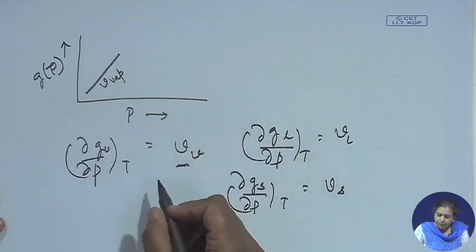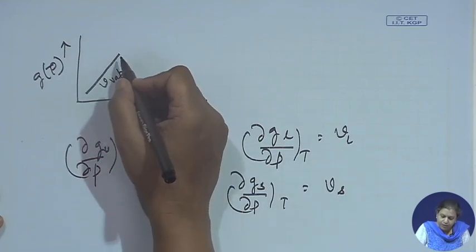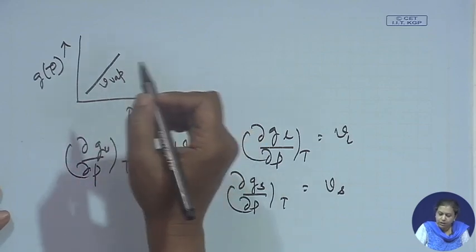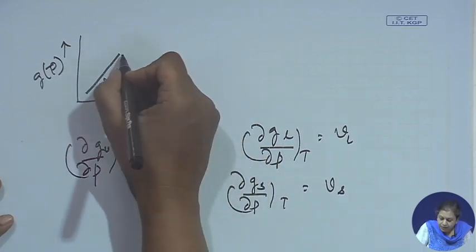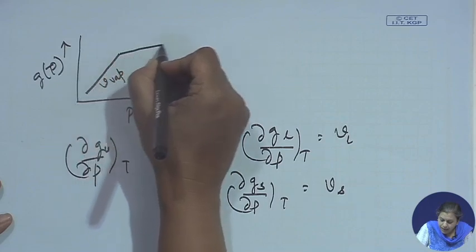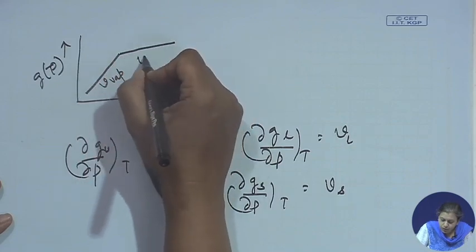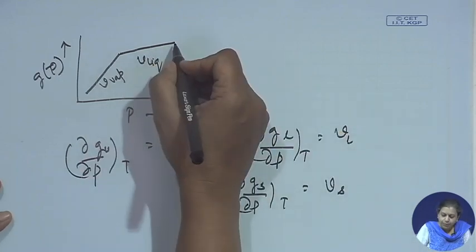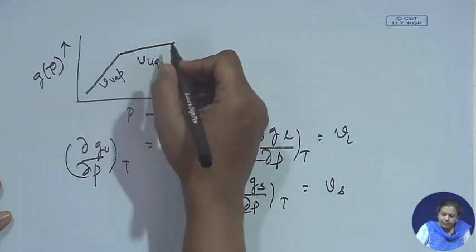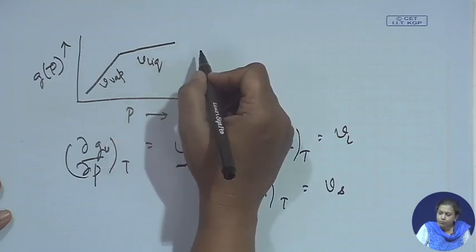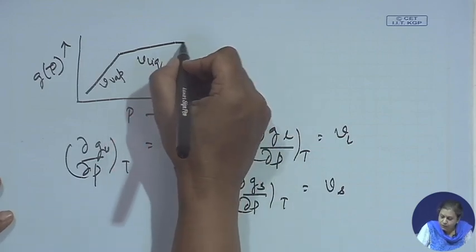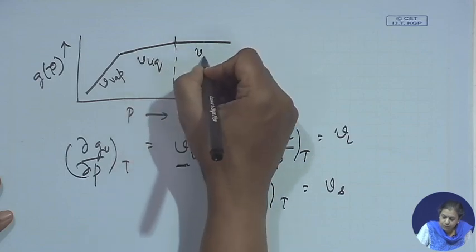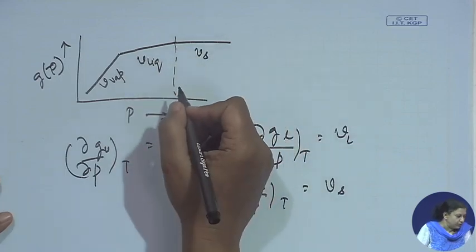Then beyond the pressure at which condensation occurs, the liquid phase exists, and the slope corresponds to the molar volume of the liquid phase. And beyond the condition where the liquid forms the solid phase, the slope corresponds to the molar volume of the solid phase.